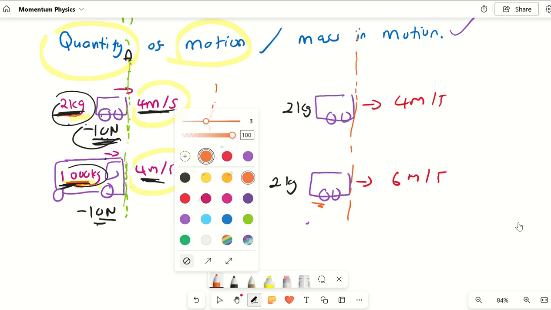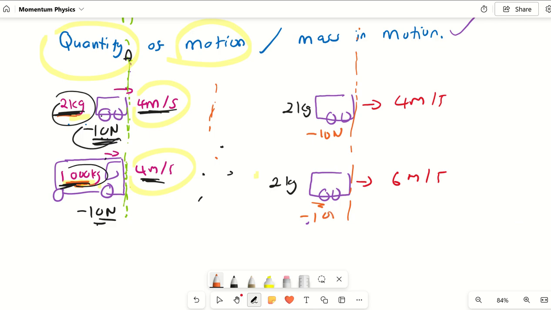If I apply a braking force of 10 newtons on each one of them, at the same point, which one is going to stop at a further point, or later? Which one is going to stop at a later point? Waiting for you to try and get it wrong or get it right. Whichever one's still fine with me.